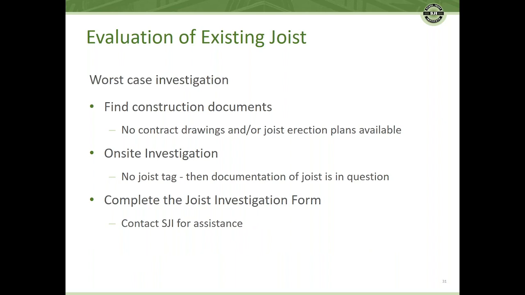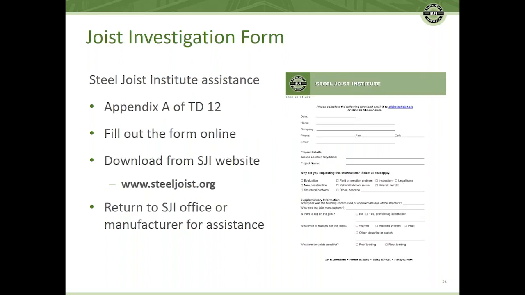If we do an on-site investigation, there's no joist tag, so we don't know exactly what we've got there. In that particular case, one of the nice things to do is to get a joist evaluation form, which is on the website, and contact the Steel Joist Institute for assistance. This investigation form is part of Technical Digest number 12, and it's also included on the website.